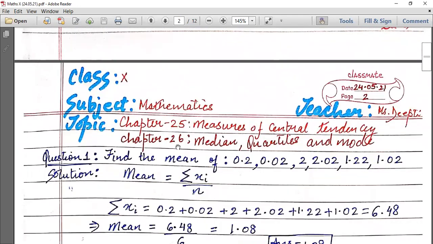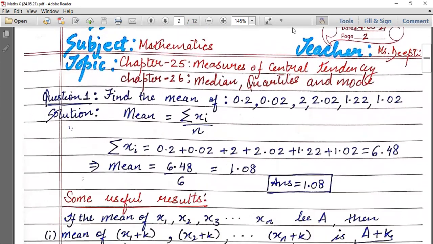Let's discuss a question based on this formula. You know that mean is the sum of all the observations divided by the number. So here, children, your observations are 0.2, 0.02, 2, 2.02, 1.22, 1.02. There are six observations.